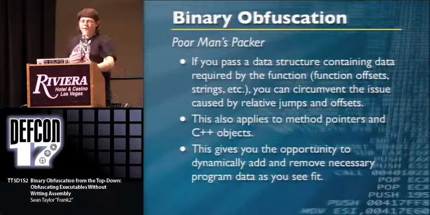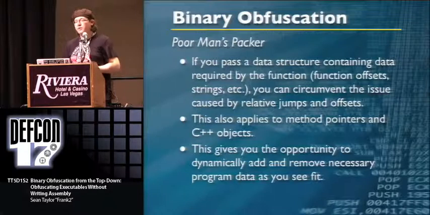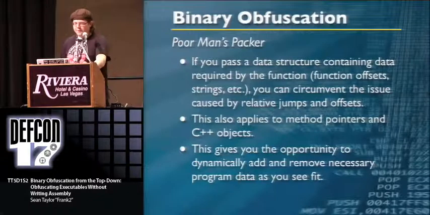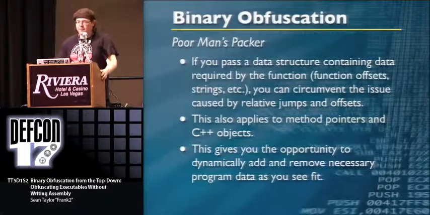And what's really interesting about this is that this gives you the opportunity to add and remove necessary program data as you see fit. Let's say only at this stage I want to be able to see this data, and then I can just wipe it out arbitrarily if I allocate it into the heap. And it's actually really interesting because we have more control over our data than is usually given to us.